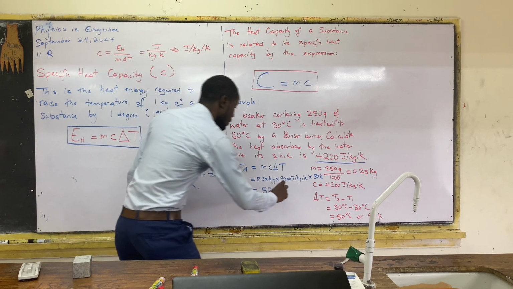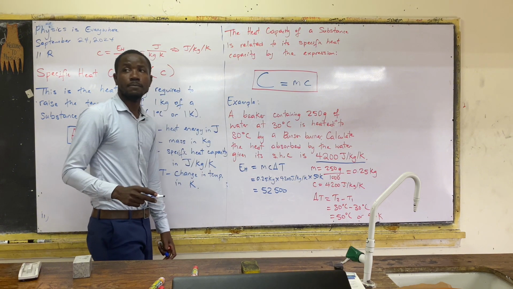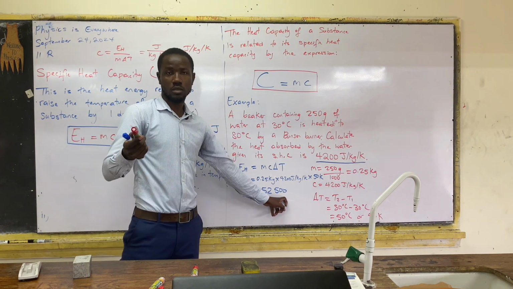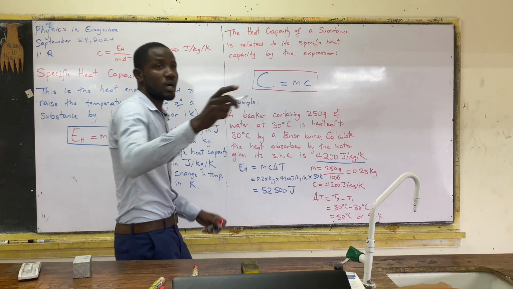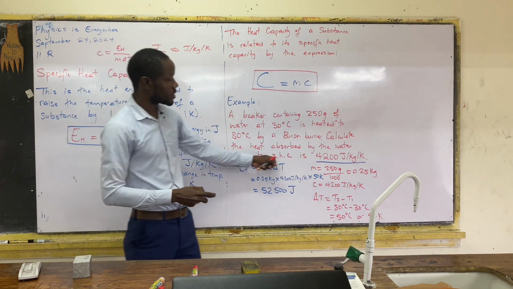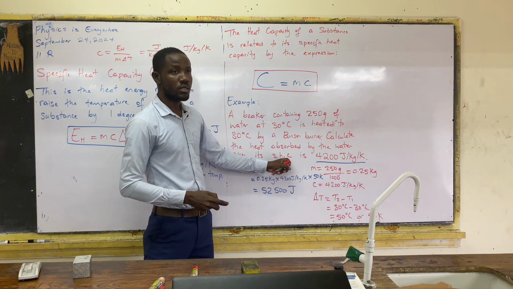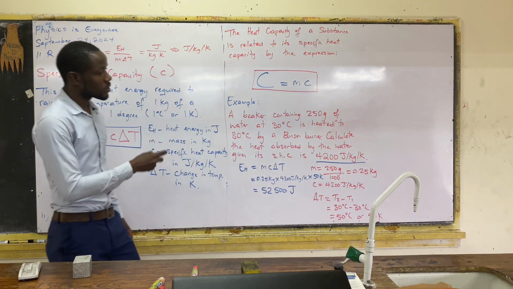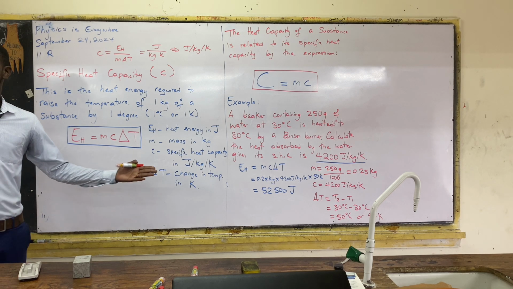And this will be what now for the unit? What's the unit? Joule. All right? Yes, good. Good work. So what we're saying is that SHC is specific heat capacity. So that's how we work a question like that. It's pretty straightforward in terms of these.